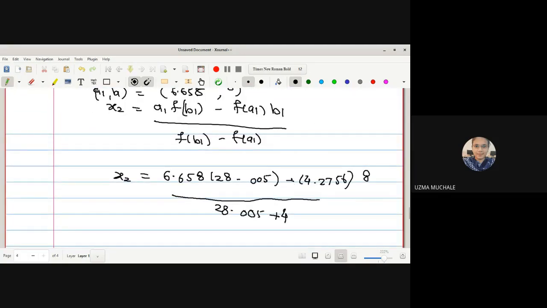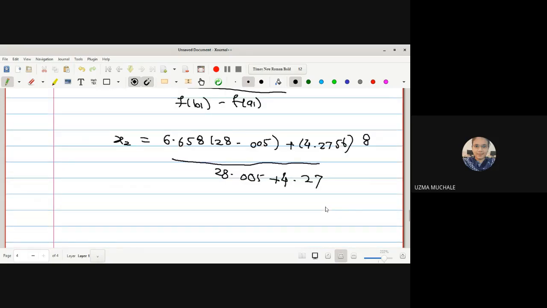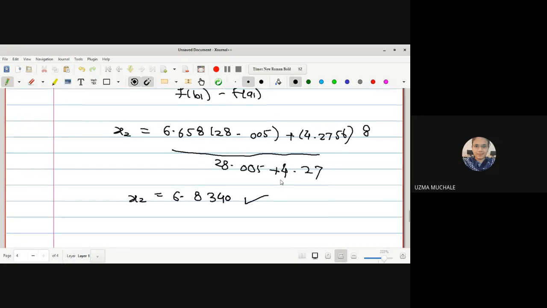Here it will be positive. Minus minus becomes plus. So this is 4.27. Have you calculated? Ma'am, 6.8340. Okay, correct.